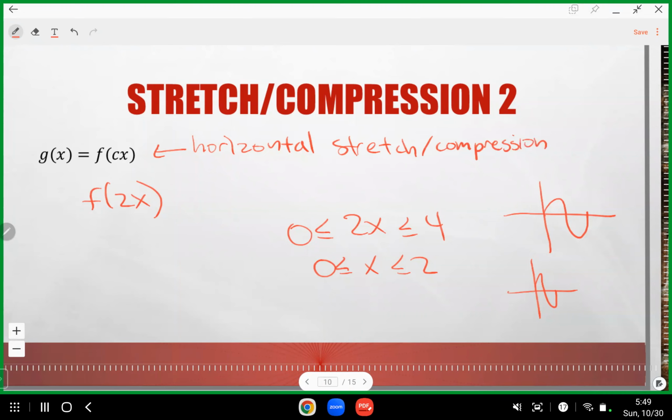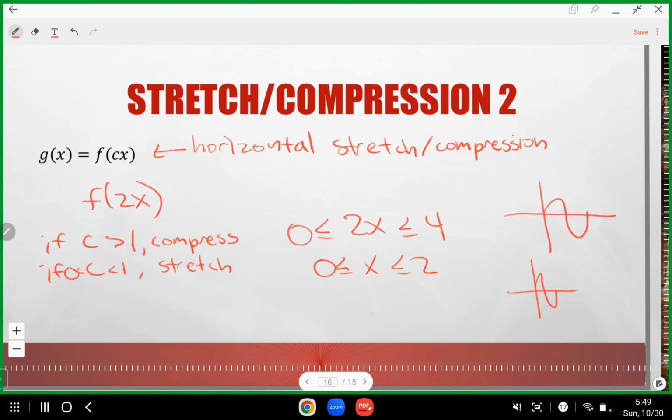So from this, we can see a couple of rules here. If C is greater than 1, we're going to compress by a factor of C. If C is between 0 and 1, we're going to stretch by a factor of C, right?